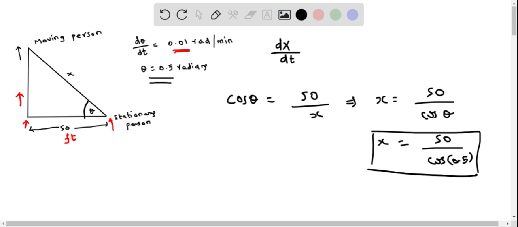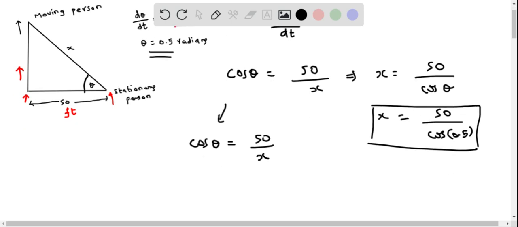Now let's consider the same equation and we are going to differentiate both sides with respect to time. So let me copy this one more time. So cos theta equals 50 over x. Now I differentiate both sides with respect to time, and when I do that I'll be getting the derivative of cos theta is negative sine theta, and then we have to apply the chain rule to differentiate theta with respect to t. So therefore this becomes d theta divided by dt equals, this 50 is a constant and we have to differentiate 1 by x.